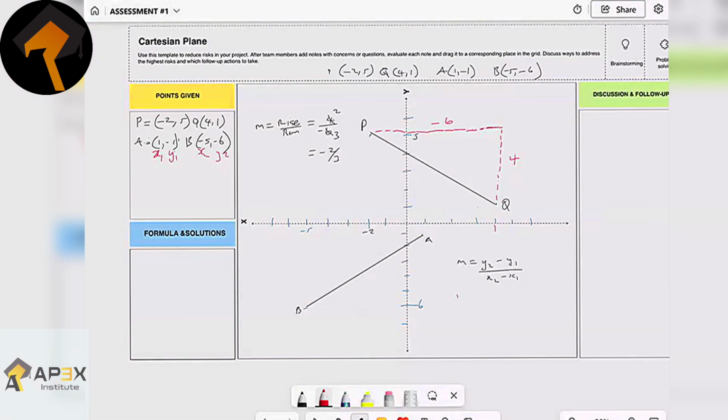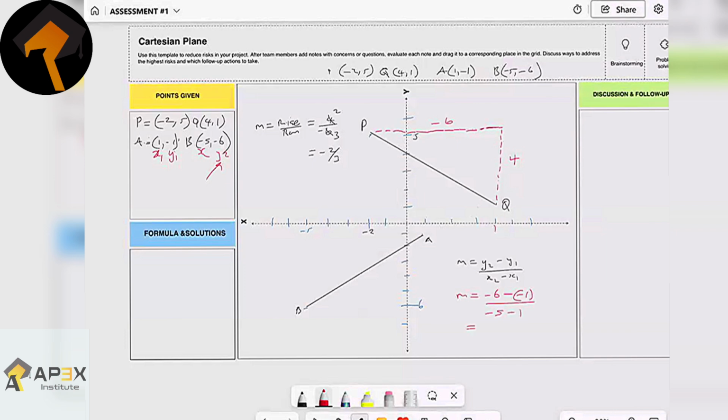So based on this, m is going to be equal to y2, which is negative 6, minus y1, which is negative 1, over x2, which is negative 5, minus x1, which is 1.